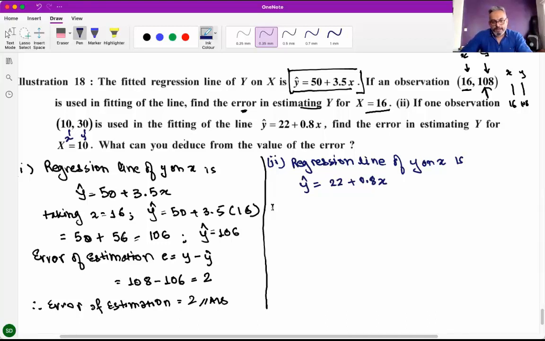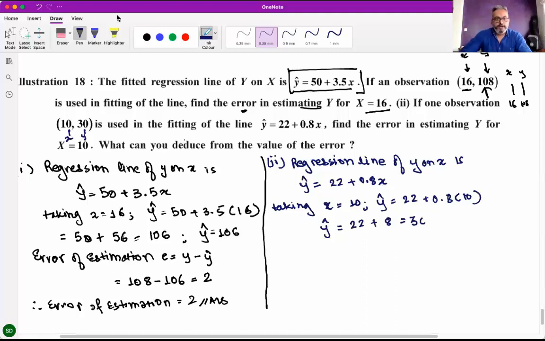Now, taking x is equal to 10, y cap is equal to 22 plus 0.8 into 10. So y cap is equal to 22 plus 8, which is equal to 30. Therefore, y cap is equal to 30.